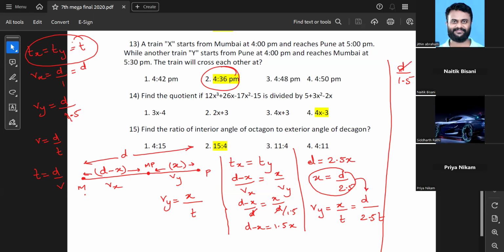D and D get cancelled with each other. This is 3 times, this is 5 times. That means T is equal to 3 upon 5. You're getting my point? So far it's clear. Any doubt so far?